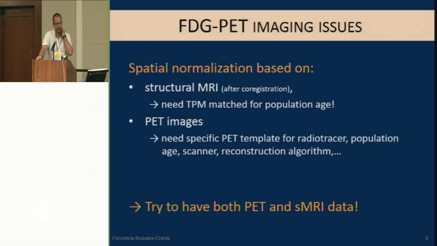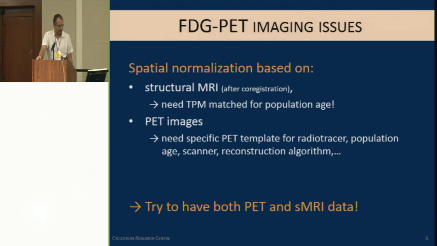So a water PET is not the same as an FDG PET. You have the problem with the population, so elderly subjects will have a slightly different brain structure and hence a different distribution of their radio tracer.